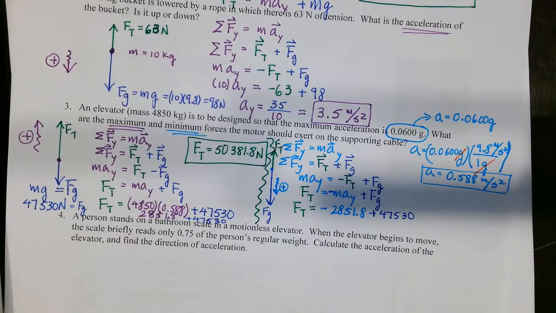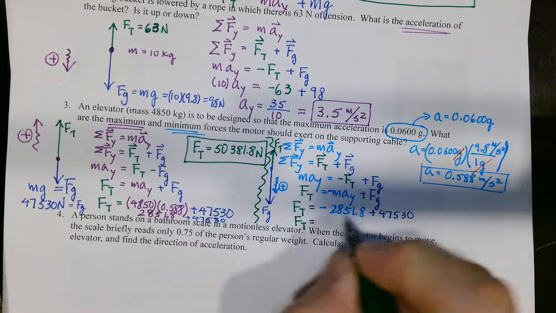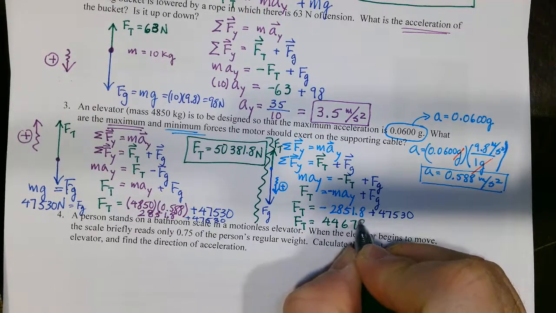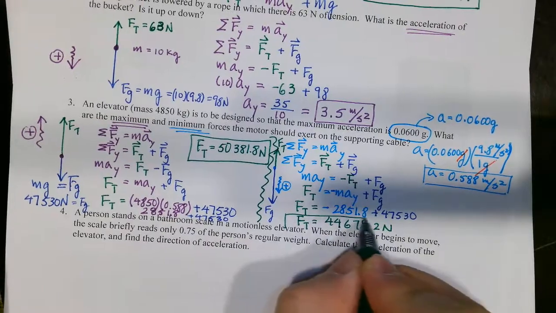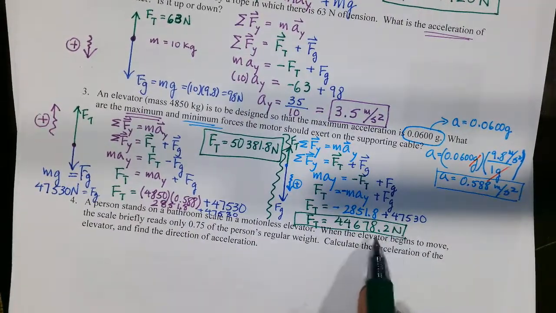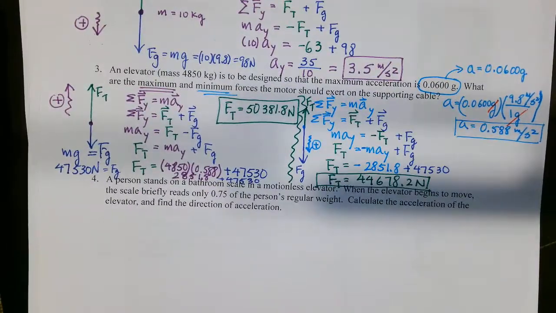So 47,530 minus 2,851.8. So my force tension now on the way down is equal to only 44,678.2 newtons. So notice it is definitely less than the weight of the elevator on the way down when it's accelerating down.